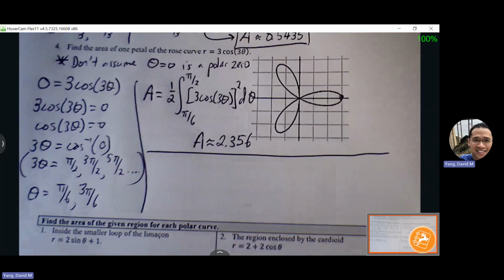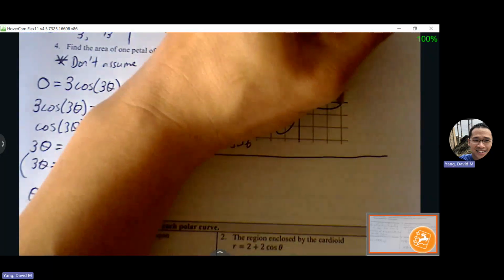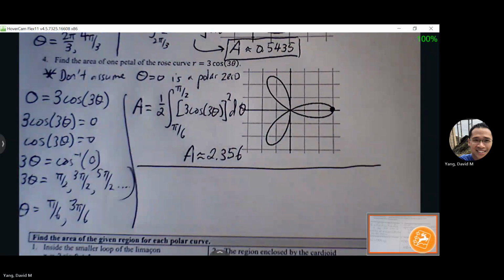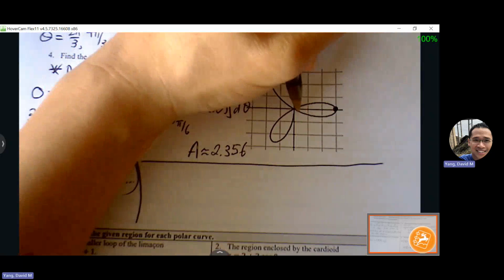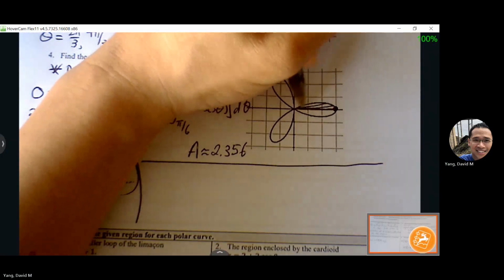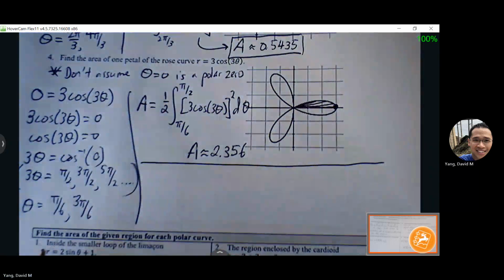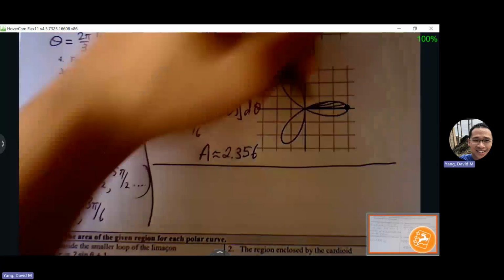What if we wanted to find the area starting at 0? Okay. So 0 is going to start here. And then from 0, where's that polar curve going to appear if I start at 0? It's going to first appear at pi over 6, right?